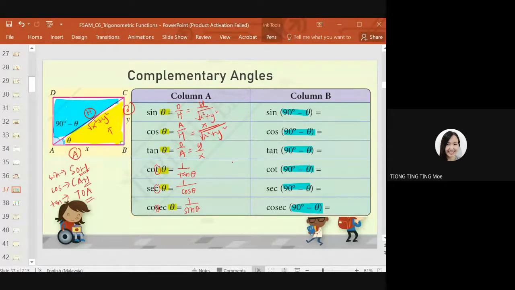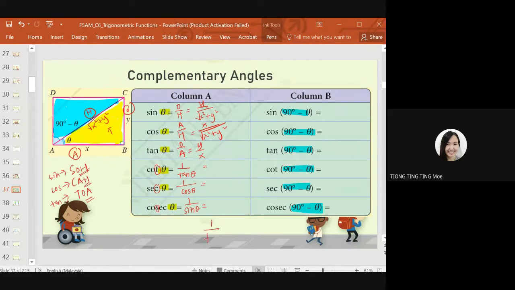So from the triangle, of course, we can only find sin, cos, tangent. Then how are we going to find the cotangent for angle theta? It is 1 over tangent, so it means the reciprocal of tangent. Tangent is y over x, then 1 over tangent is x over y. You know why?